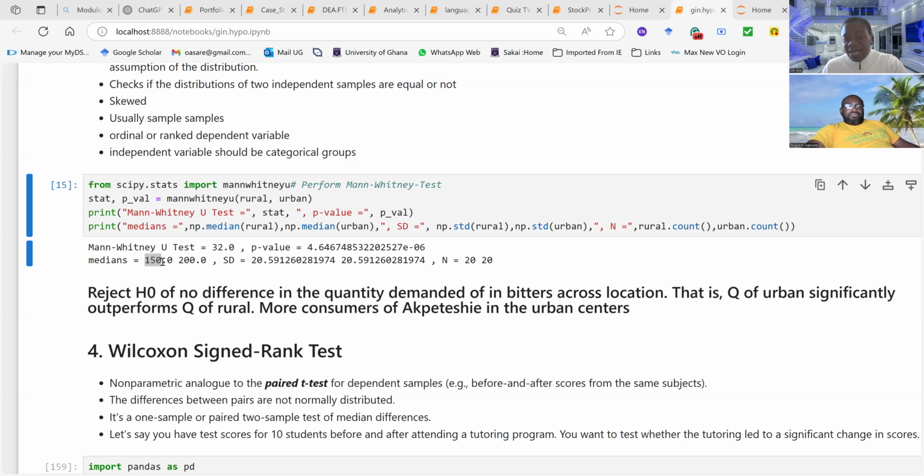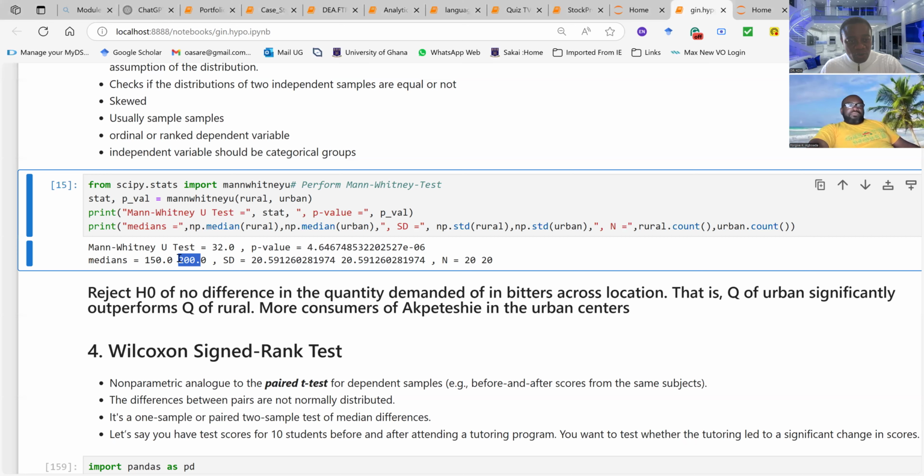So the urban are still consuming a lot of alcoholic beverages. You can see that right here. They are consuming 200, whereas the rural are consuming 150 in median terms.